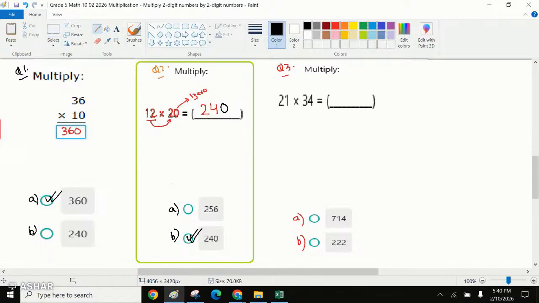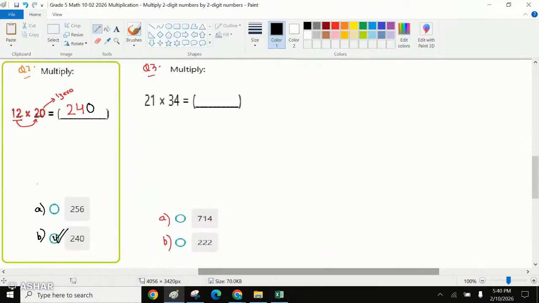How about question number 3? 21 is to be multiplied by 34. The answer should be C. There's a huge difference between the answers, right? 700 and 200.